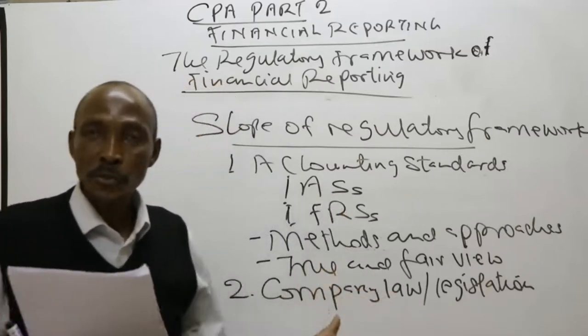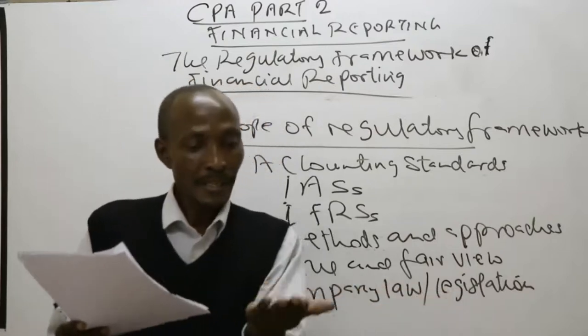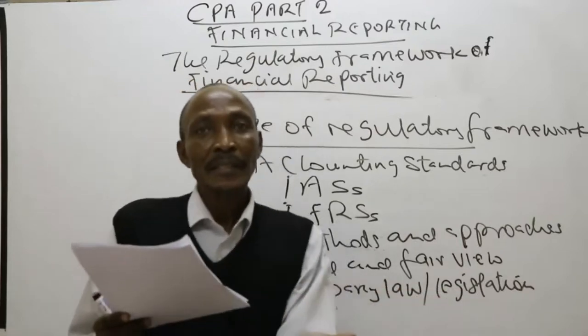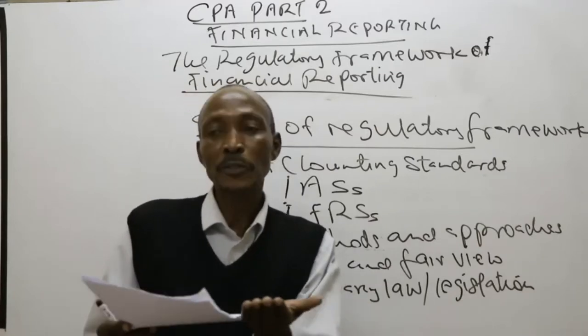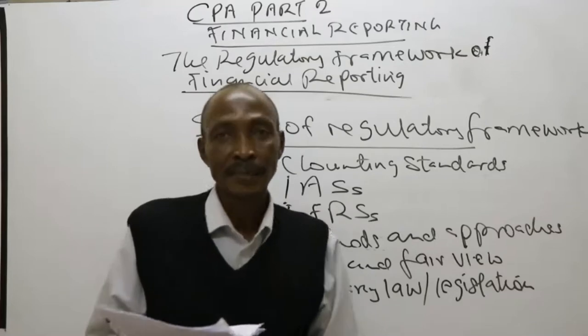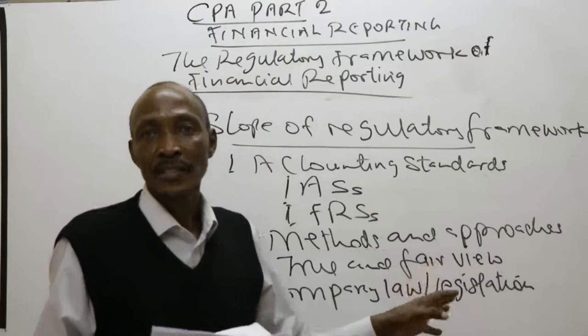Then it also gives you the minimum requirement for those financial statements. There must be some minimum standard of quality and information that those financial statements you prepare must satisfy. If that is not done, then that company risks closure.